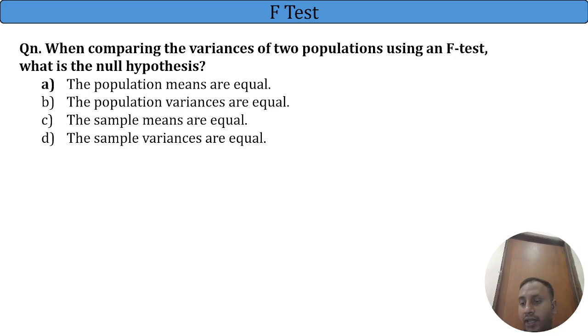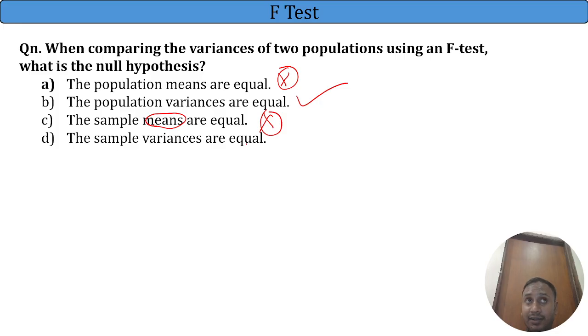The F test is supposed to be for variance, so this can't be the option. The population variances are equal. Yeah, correct. Again, the mean can't be. The sample variances are equal.